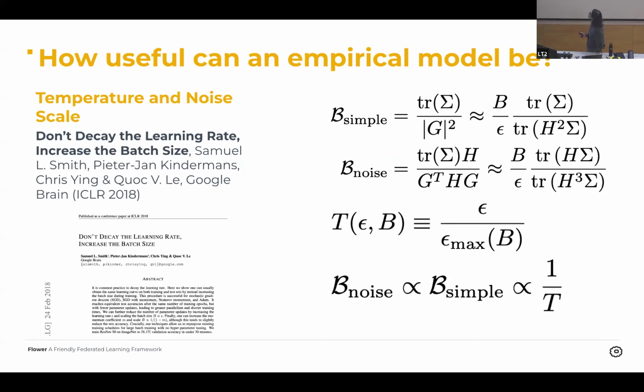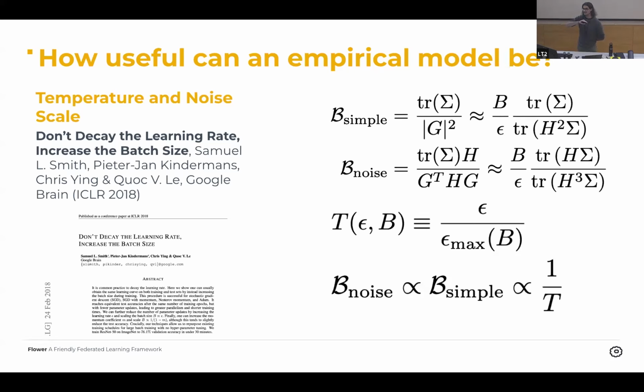You can see that both the B noise and B simple have a dependency on the batch size itself and on this epsilon, which in this case is the learning rate. So we see that there's a direct proportionality to the batch size and inverse proportionality to the learning rate, and this reflects what we were expecting from the plot earlier, right?